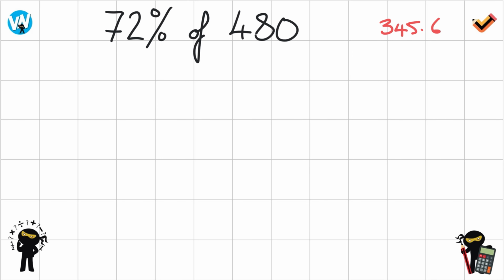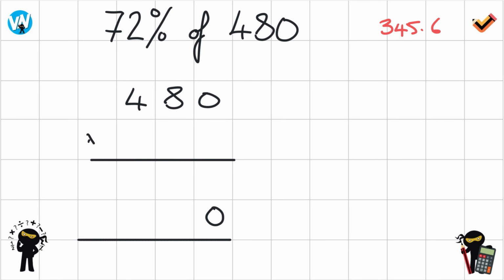So we're going to go straight into a grid method for long multiplication. So we're going to leave ourselves 2 rows, and we're going to drop in our placeholder 0 straight away. We're going to do 480 times 72. So we're going to do 2 times 0, 2 times 8, 2 times 4 to start with.